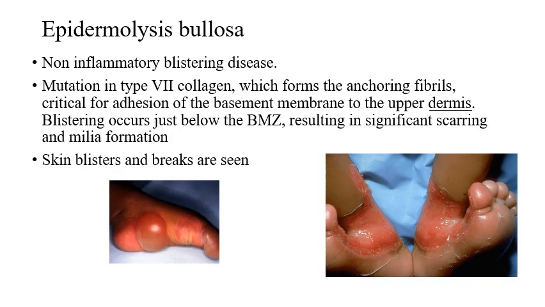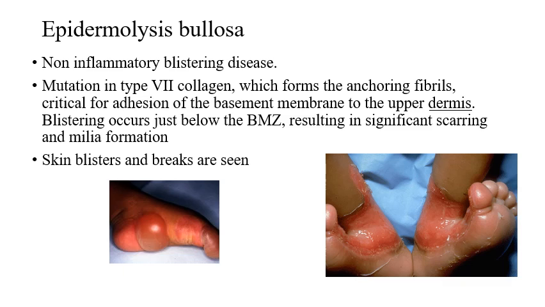The next common disease is Epidermolysis bullosa. It is a non-inflammatory blistering disease. The mutation takes place in type 7 collagen, which forms the anchoring fibrils. These anchoring fibrils are very important for the adhesion of the basement membrane to the upper dermis.